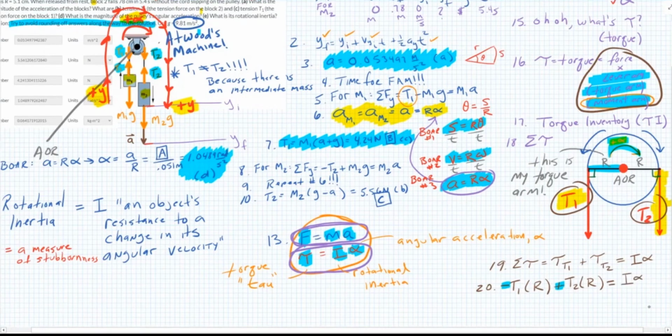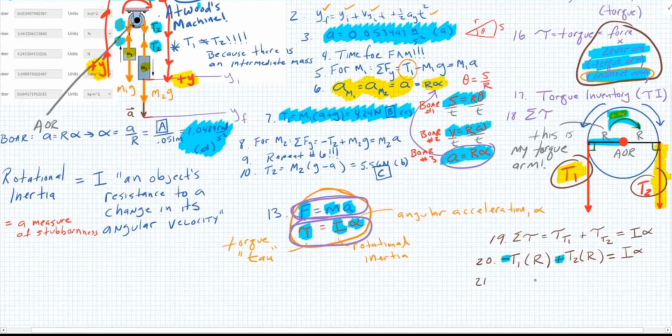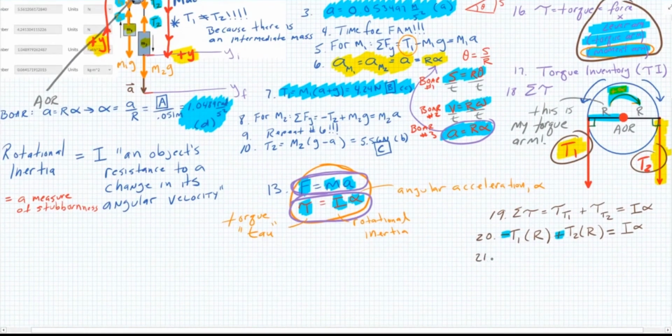Okay, so let's finish this by saying I equals torque over alpha. Here's torque. I'm going to factor out a common term: R times (T2 minus T1). So my numerator right there is torque, all over alpha.